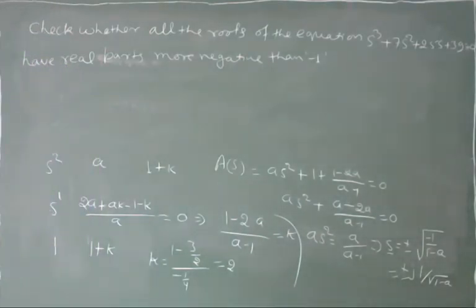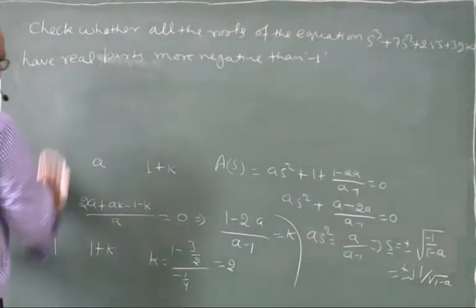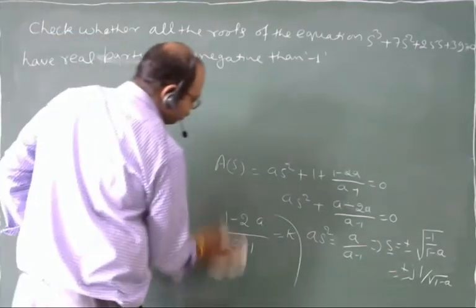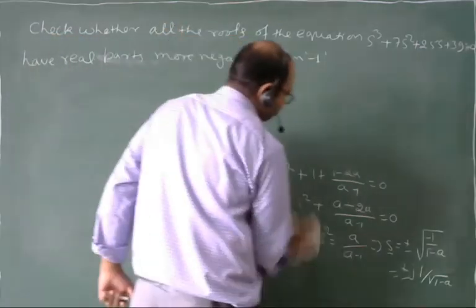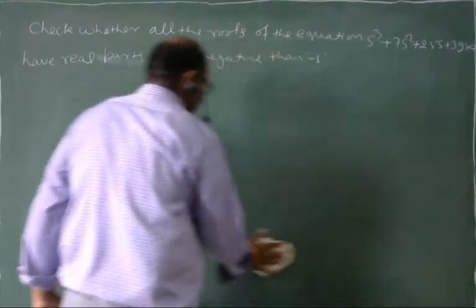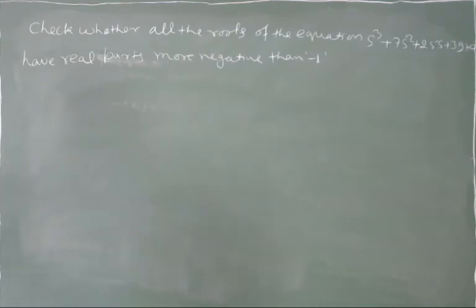This is one more example of relative stability, which can be found out from Routh-Hurwitz criteria.